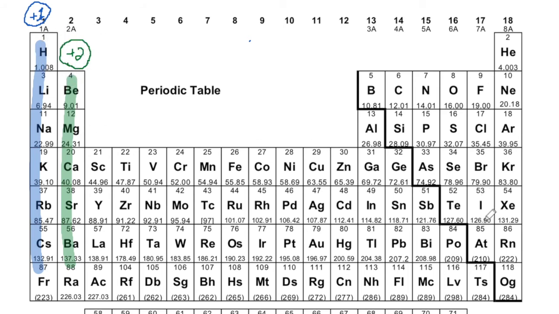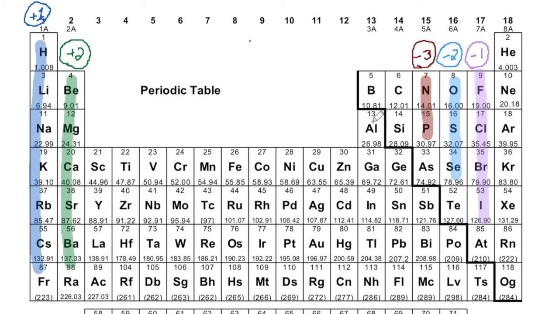Going over to the other side, the nonmetals form negative ions. The halogens form negative ions with a -1 charge. Oxygen, sulfur, selenium form ions with a -2 charge. Nitrogen and phosphorus form -3 charge.